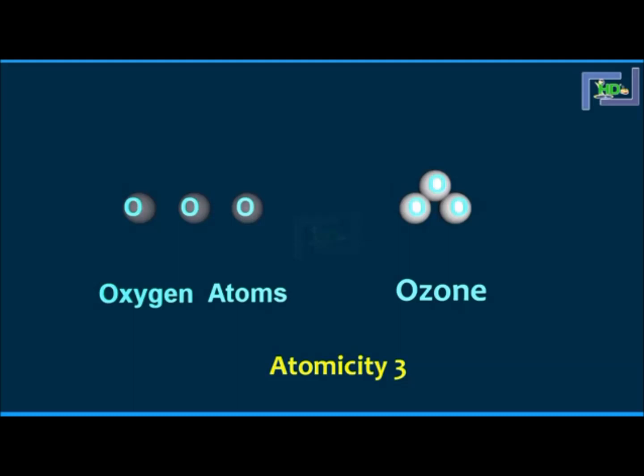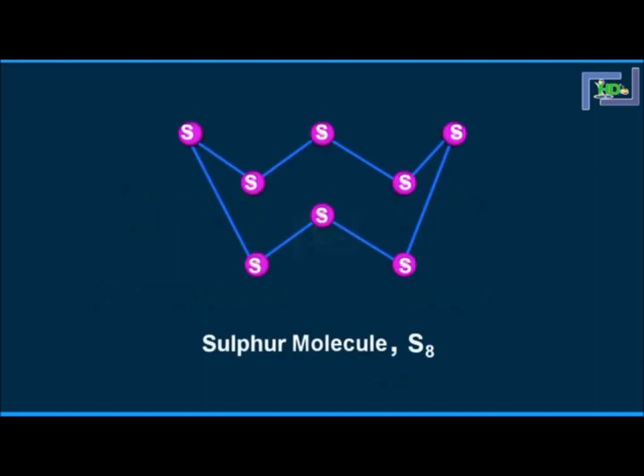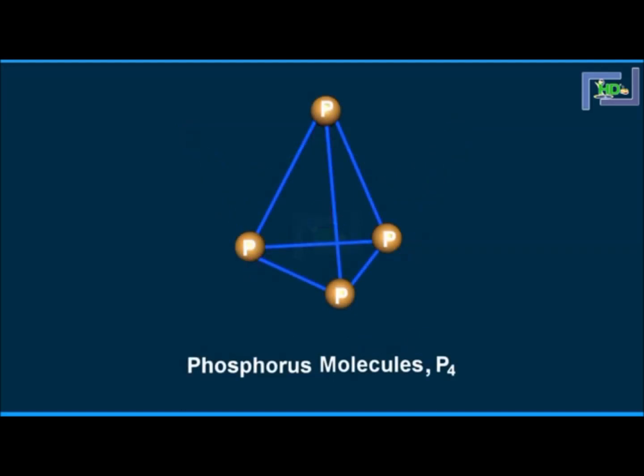Ozone is a triatomic molecule, the atomicity is 3. Sulfur, the symbol of the sulfur molecule is S8, that means the sulfur molecule contains 8 atoms, its atomicity is 8. Phosphorus, P4, it contains 4 atoms, hence the atomicity is 4.